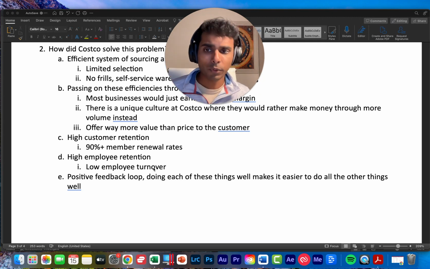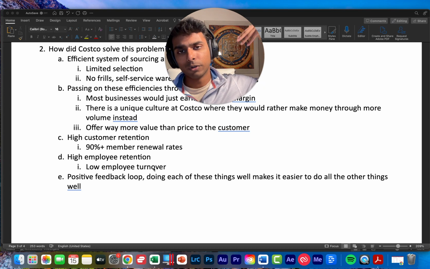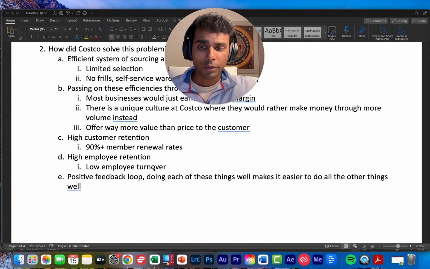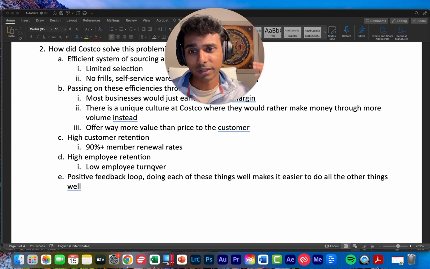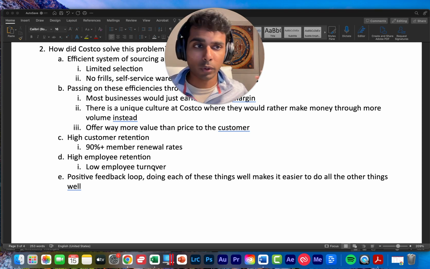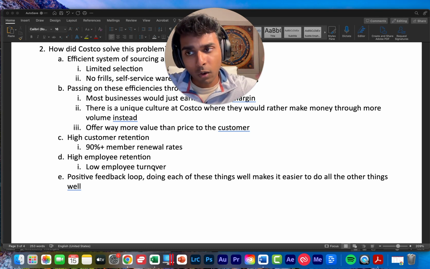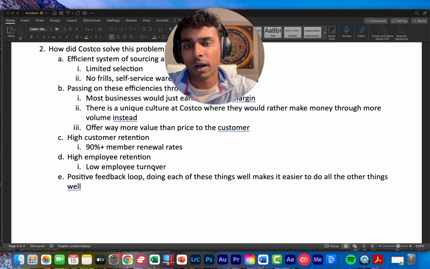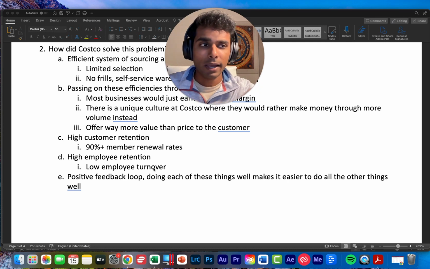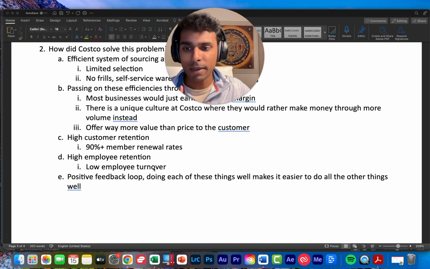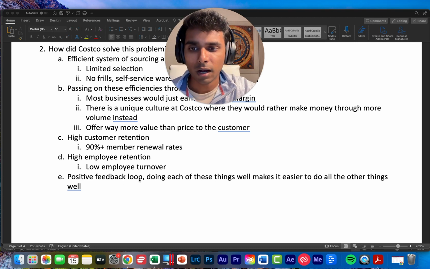So you have high employee retention. That means you're more efficient. You can charge lower prices, which means you have higher customer retention, and then that leads to even more employee retention because you can afford to pay your employees really well because you have really productive warehouses. And it's just this self-reinforcing thing. It's like doing a million things really well, and then they all add up. And then you keep doing that for many, many years, and it's this amazing self-reinforcing positive feedback loop.